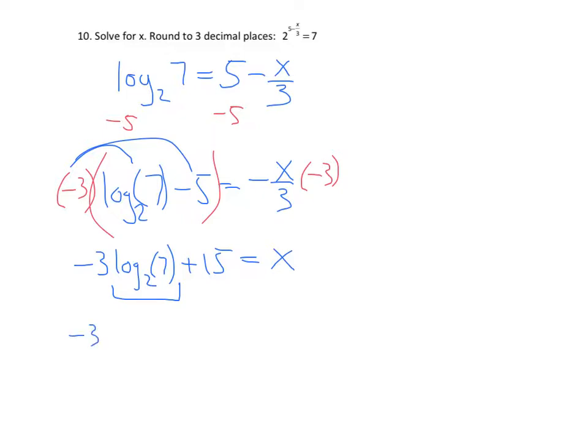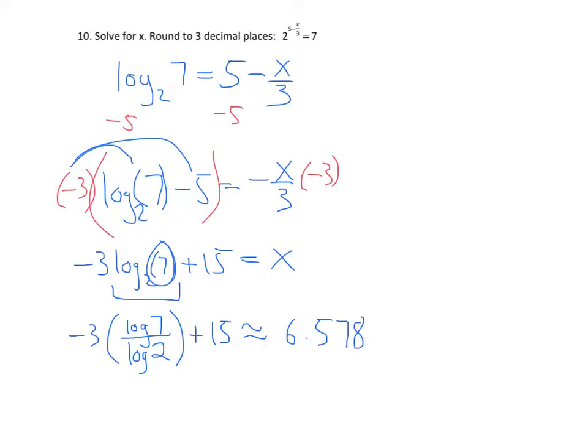So remember the change of base formula. You can use either the log button or the natural log button, and we do log of the big number 7 divided by log of the base. And so that's what we would plug in our calculator, plus 15, and we get approximately 6.578 rounded to 3 decimal places.